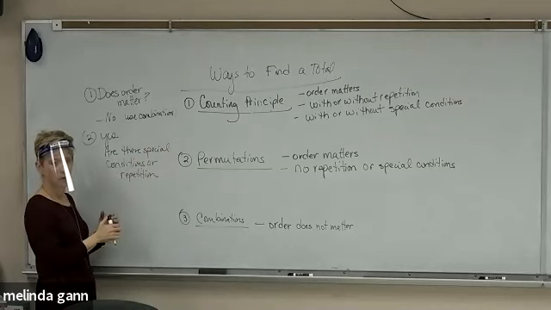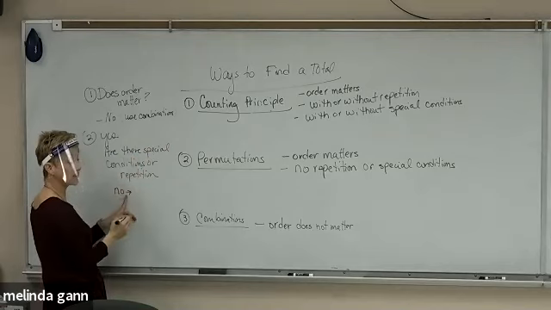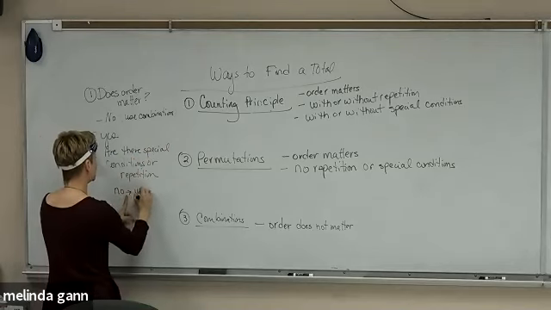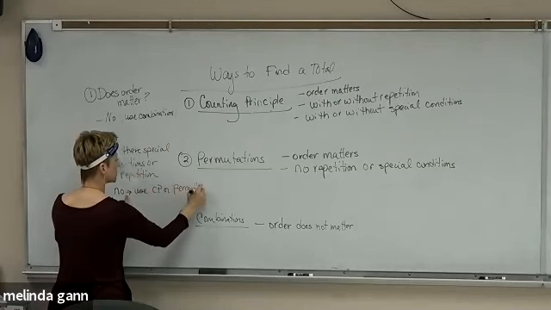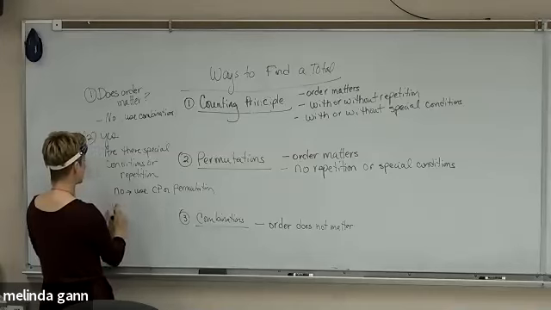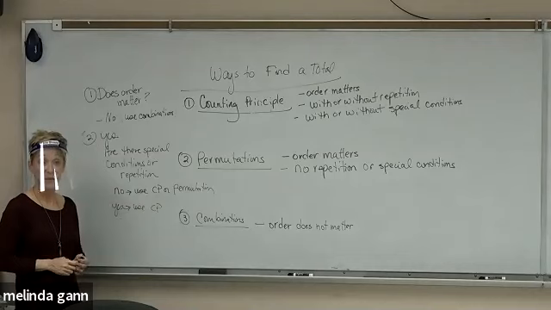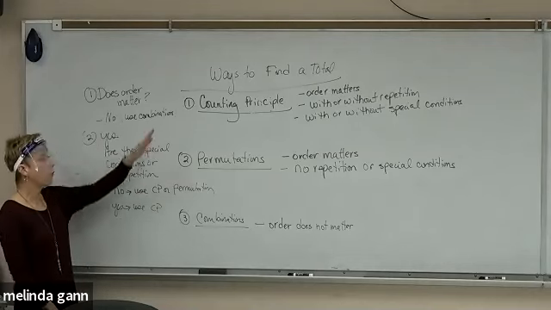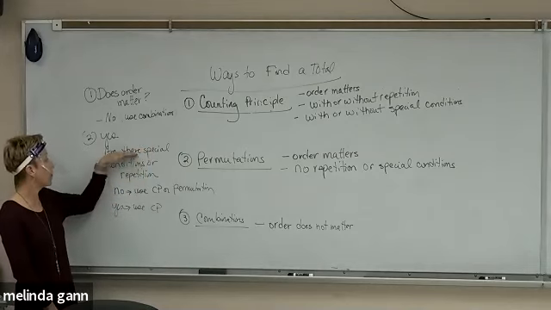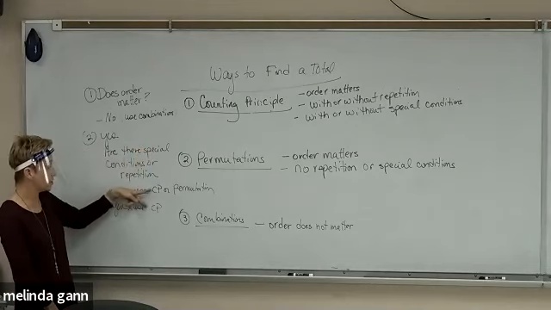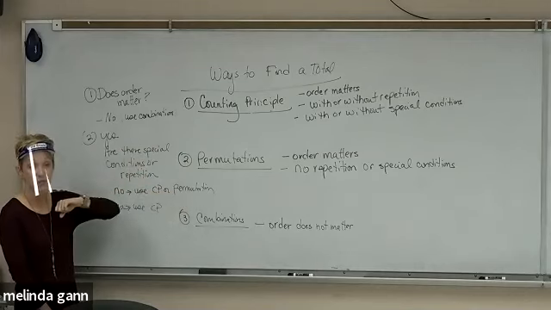A no. Now, if the answer is no, there are not any special conditions or repetition, you can use the counting principle or you can use permutations. If the answer is yes, you have to use the what? The counting principle. So with the problems in your book, this isn't true always, but if order matters, and you're in doubt, what should you use? Counting principle. The only advantage of permutations is it's built into your machine.